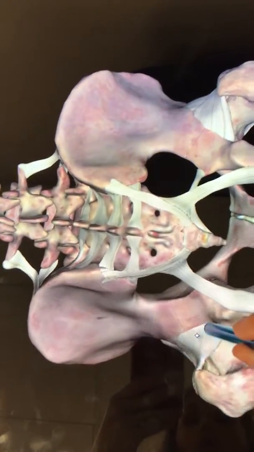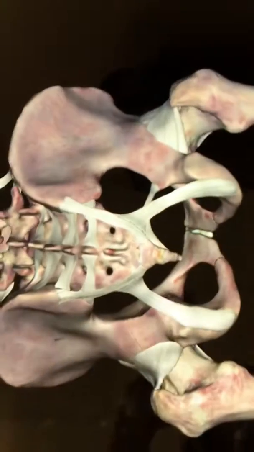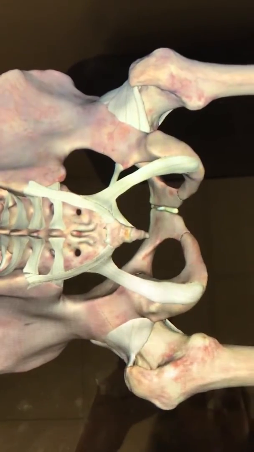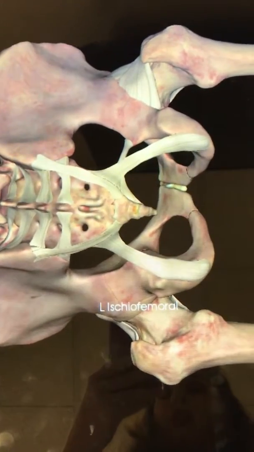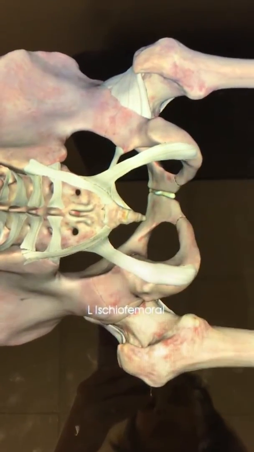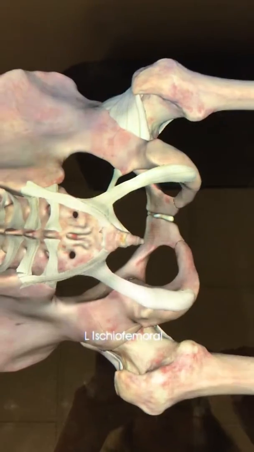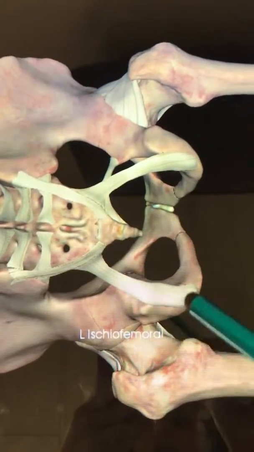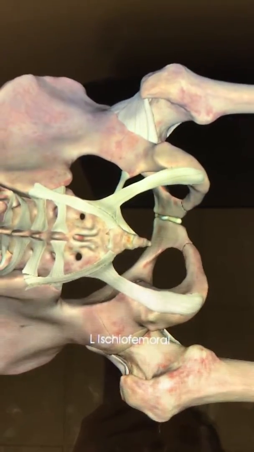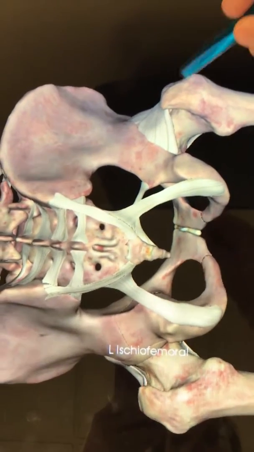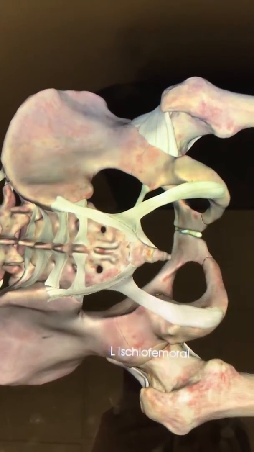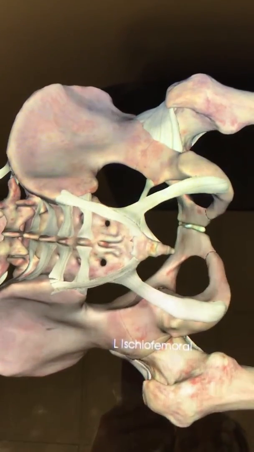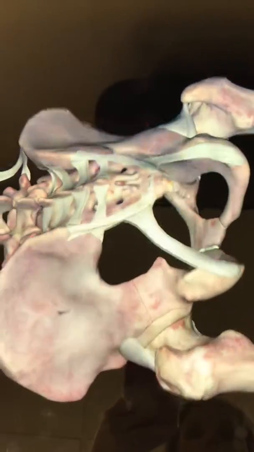I'm trying to remove it for us. Okay. So there I went ahead and removed that ischiofemoral ligament. So now you can get a more clear view of the femoral acetabular joint. And you can still see the ligament in place over here, ischiofemoral. So that's the one most clearly seen from the posterior side.